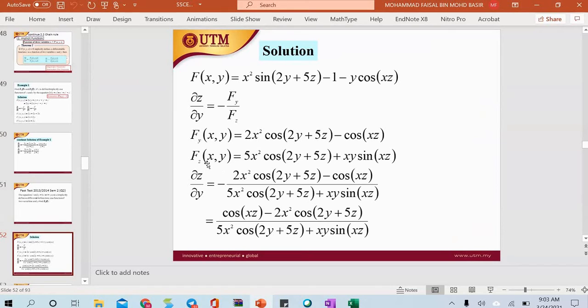For fz, differentiate with respect to z, which means x and y are constant. Here this term just remains, but we have 5 here, and the 5 will become cos, so this will be 0. The cos becomes negative sin, so that's why the sign changes. Then differentiate the inside of cos xz.